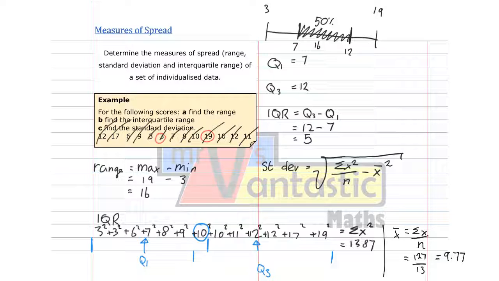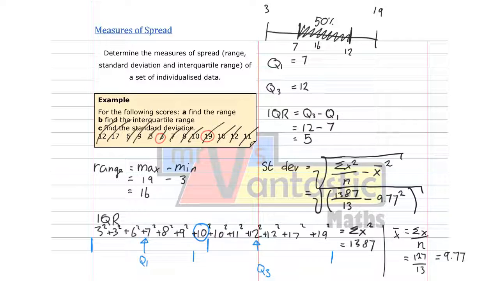Now to calculate our standard deviation, we're going to plug all of these numbers in. So we're going to get the square root, and on my calculator I'm going to make sure I put some brackets around this part. We're going to take the square root of the sum of x squared, which we found over here was 1,387, divided by the number of numbers n, which was 13, minus the mean, 9.77 squared.